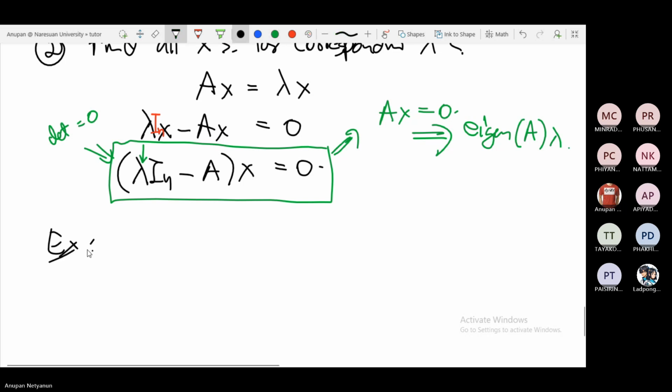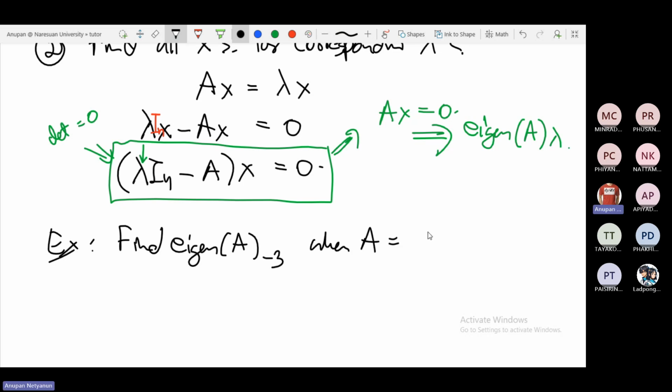Example: find the eigenspace of A, specifying lambda to be -3, when A is equal to [3 2; 3 -2].